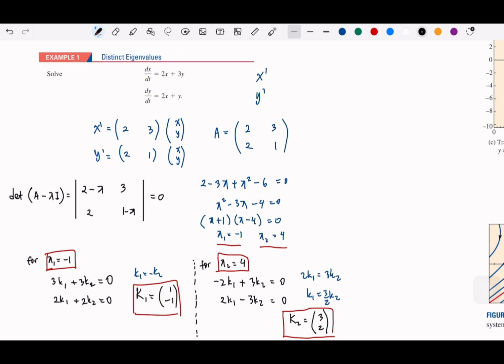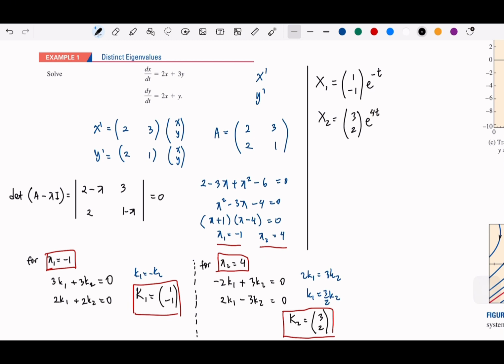Okay, so the solution. First, we write each solution. The first one is the eigenvalue 1, so this will be 1, negative 1, and then e to the negative t, and then x2 will be 3, 2, e, and the lambda is 4, so this will be e to the 4t.